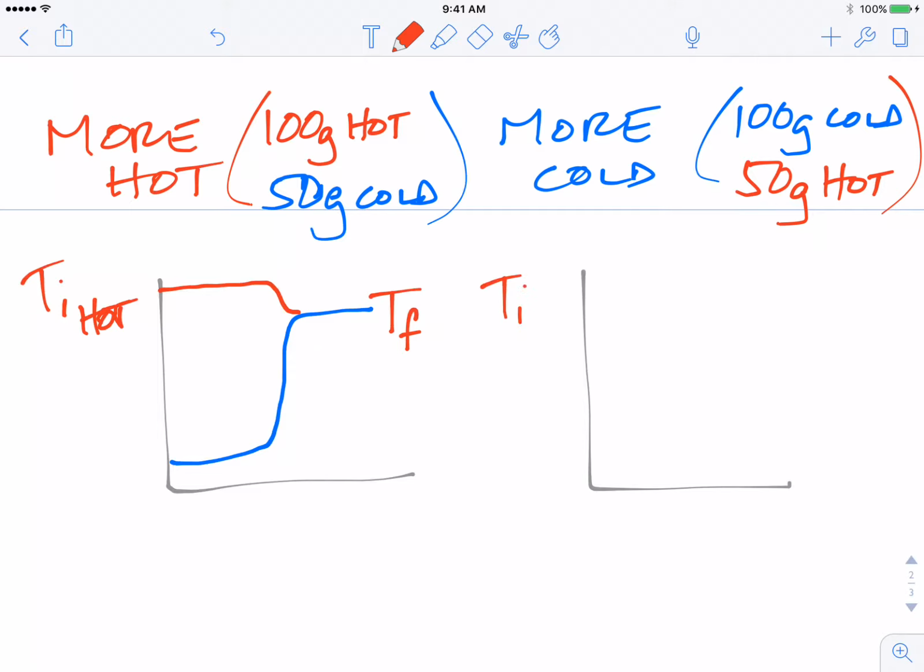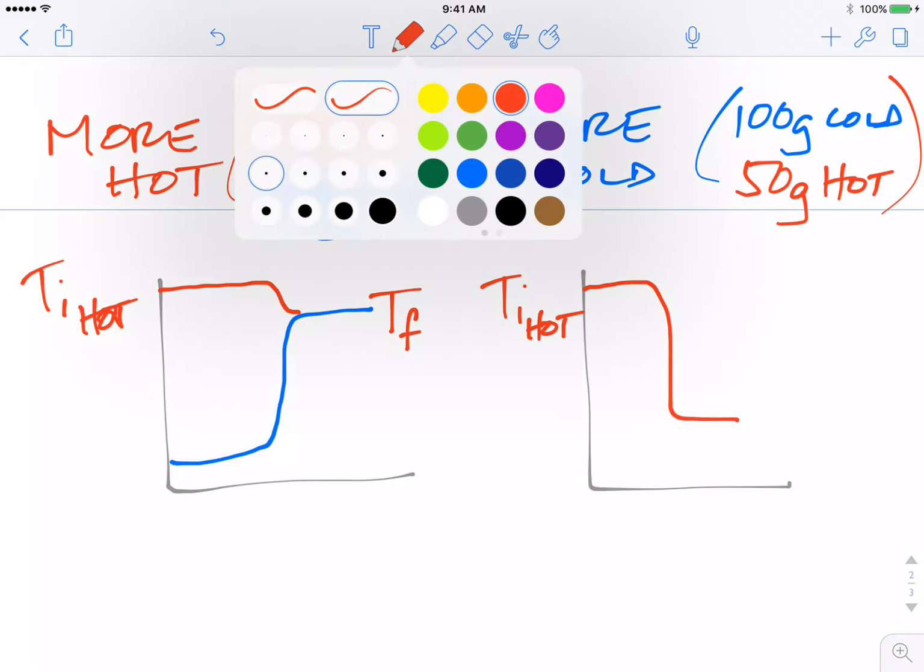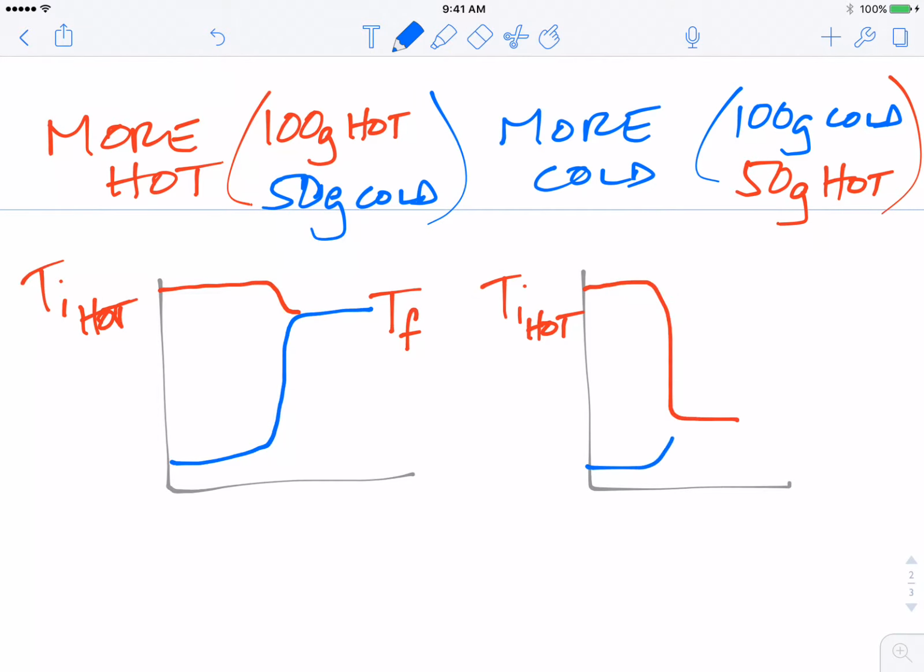And let me just go ahead and draw this. If I had more cold water, my final temperature would be closer to the initial temperature of the cold.